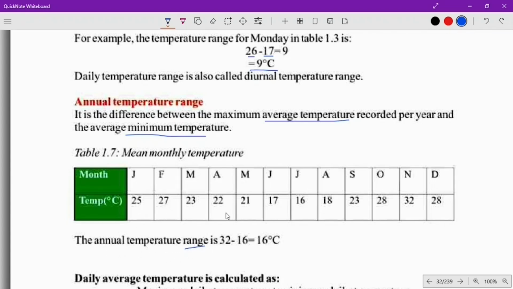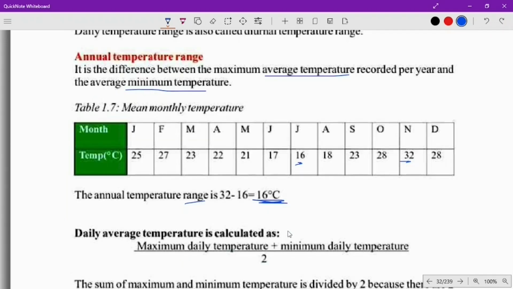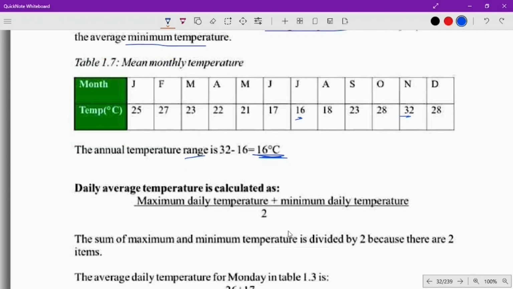We have to look for the maximum temperature, the highest temperature recorded. It seems in this case it's 32 degrees in November, and then we look for the lowest. It seems to be 16 degrees in July. Now we say the maximum, subtract the minimum, we get 16 degrees Celsius. So this is the range or the annual range.